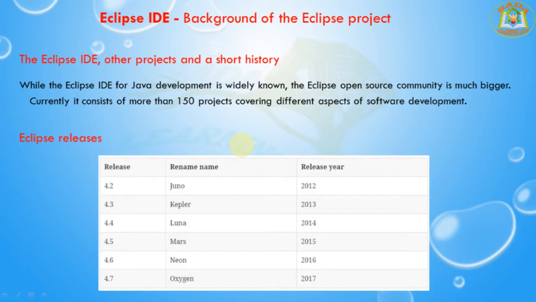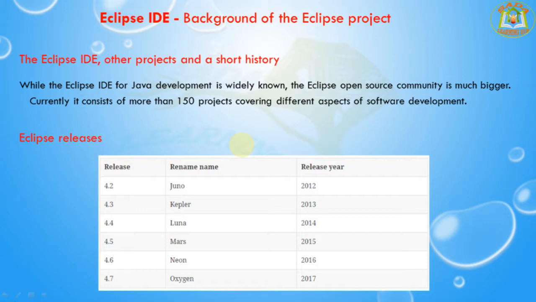IBM stated that the name was targeted at Microsoft. With the purchase of Sun Microsystems by Oracle, this conflict finally went away. Oracle is currently among the five largest contributor companies of the Eclipse project.